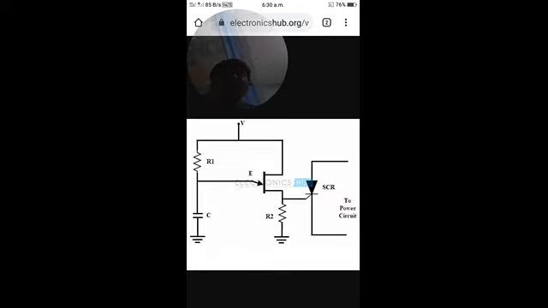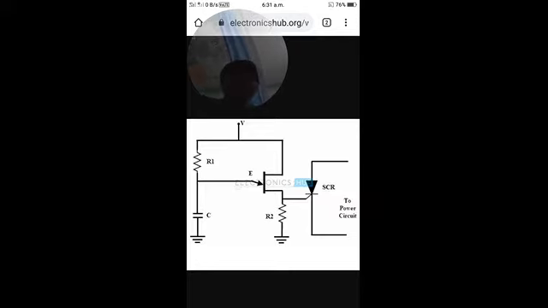On the other side, the input side, the emitter is connected to a time constant circuit, R and C. Let us assume a 10 volt supply is given. When we switch on the power supply, 5 volts is formed between emitter and base 1, and 5 volts between emitter and base 2.